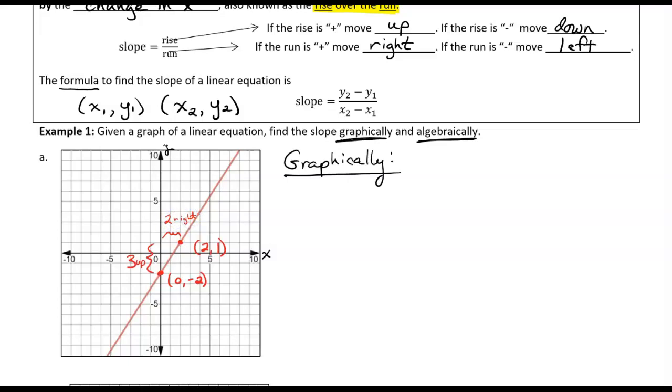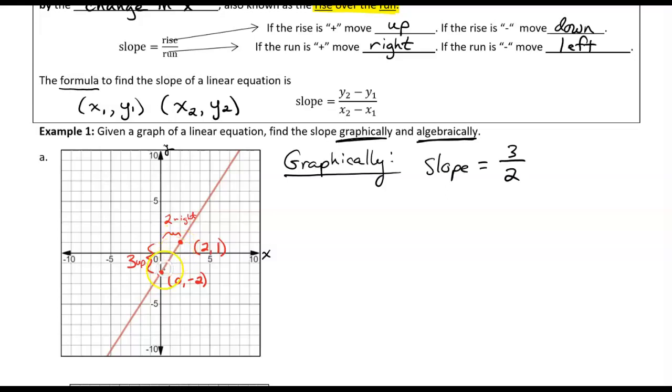So in the graphical sense, for my slope, my rise, since it's a 3 up, it's a positive 3. And my run was 2 to the right, that means it's a positive 2 to the right. And there's my slope. So graphically, we're looking for those movements. How far in the x direction? That's the run. How far in the y direction? That's my rise, right? Rise over the run.